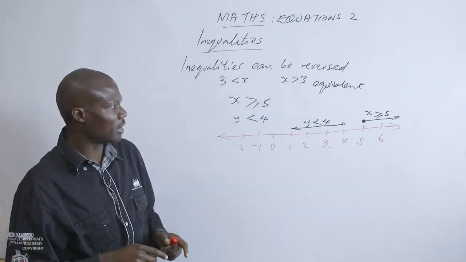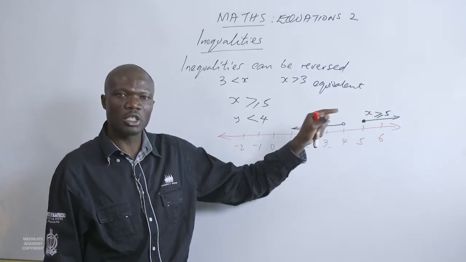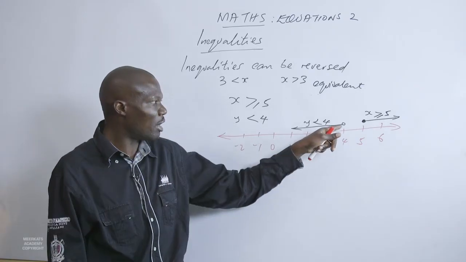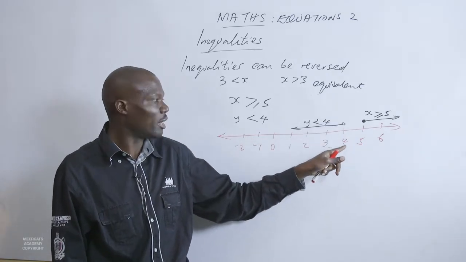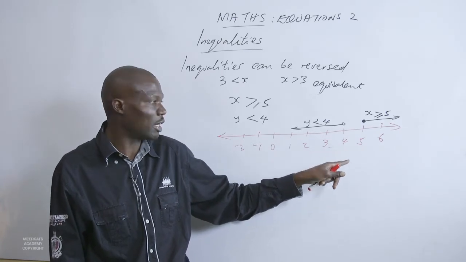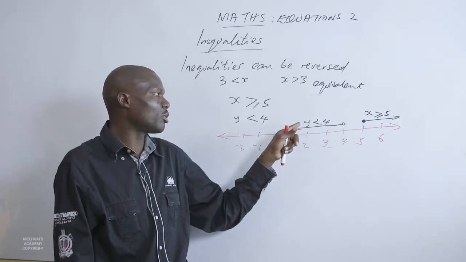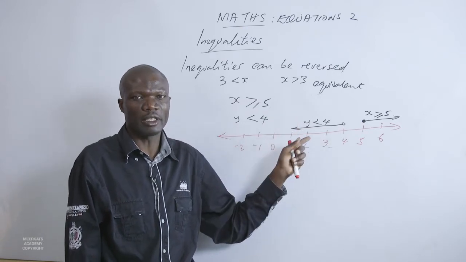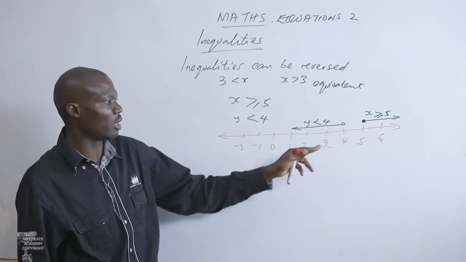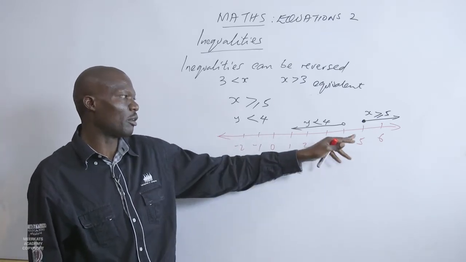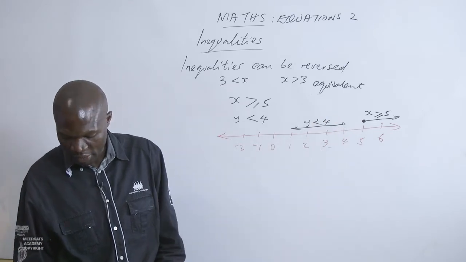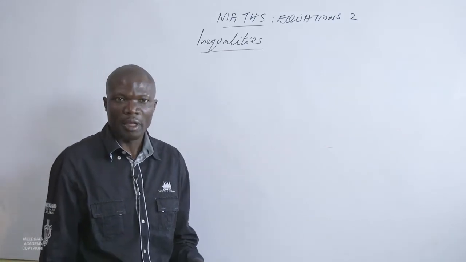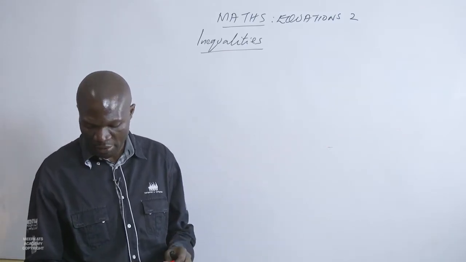So when we have a closed circle, the value there is included. When we have an open circle, that value is not included. For this case, 4 is not included. Only those values where y is less than 4 make this statement true. So here, 4 is excluded. But for a closed circle, 5 there is included. We can also represent a range.